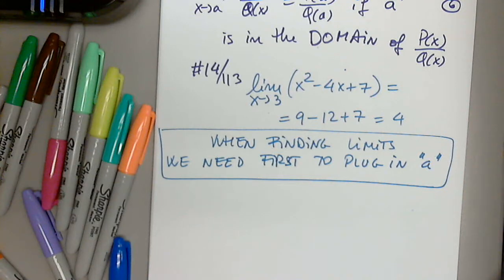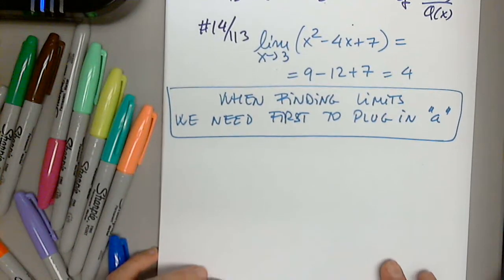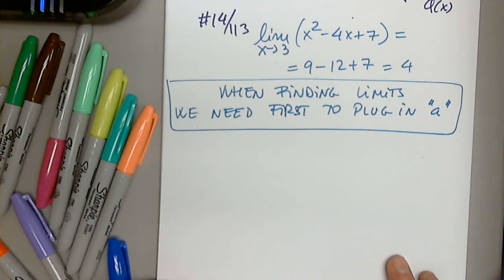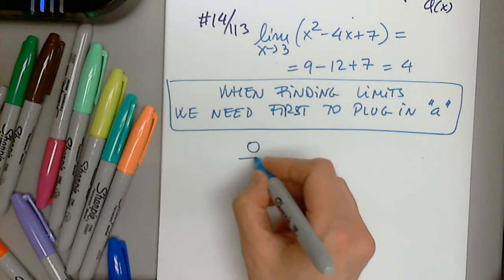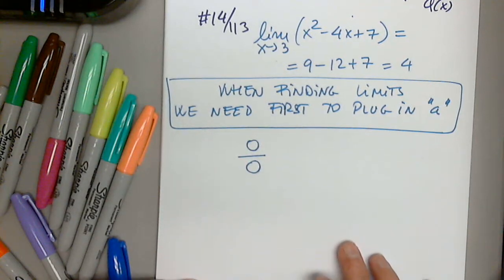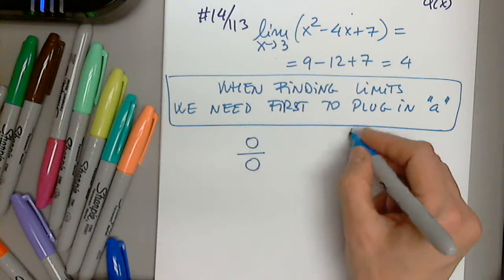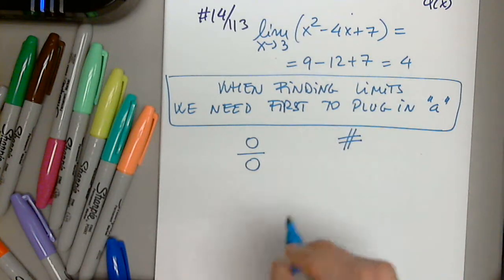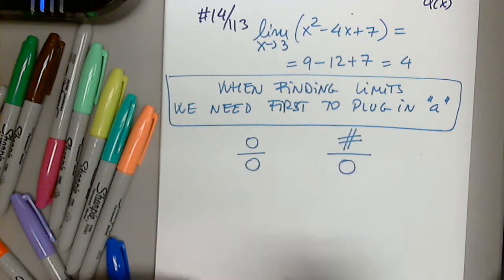When we do that, we may encounter one of the two situations. One situation would be 0 over 0, and the other situation, a number, not 0, divided by 0. So two things can happen here.